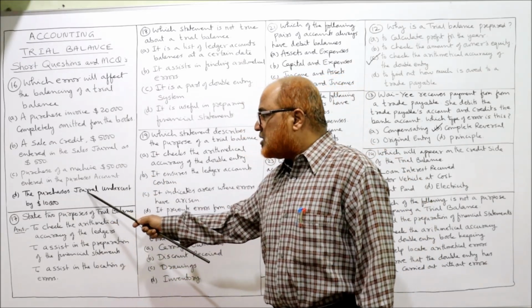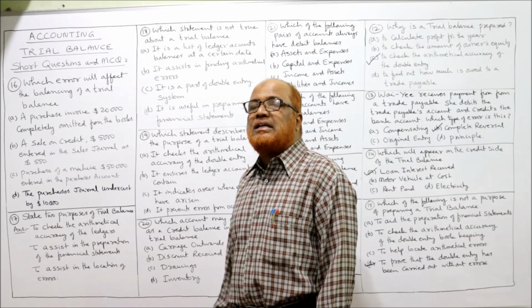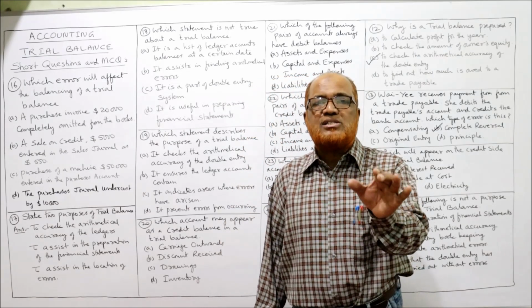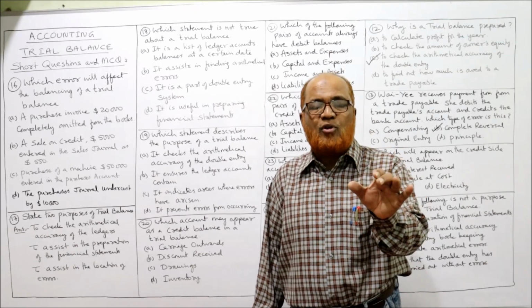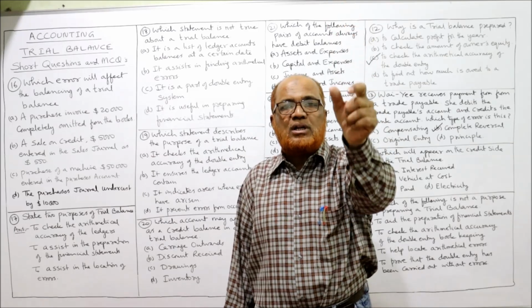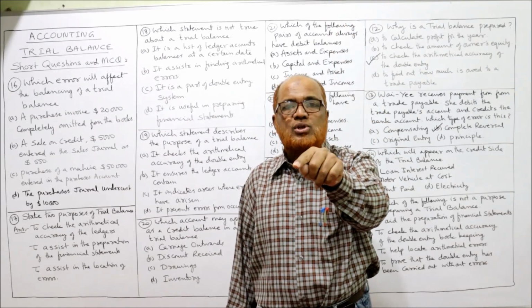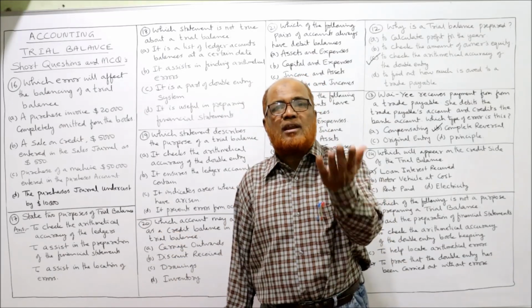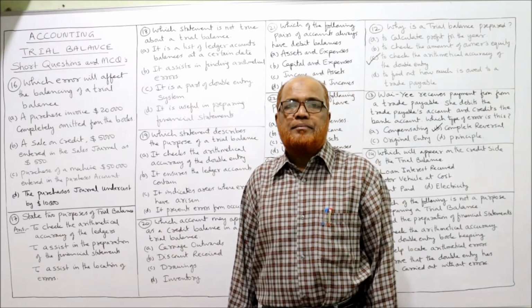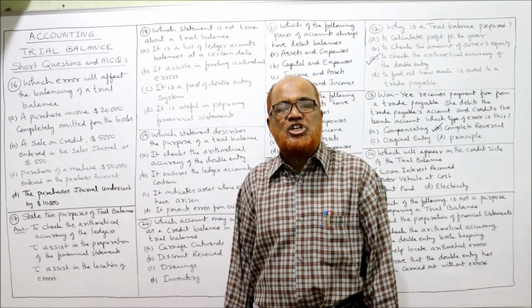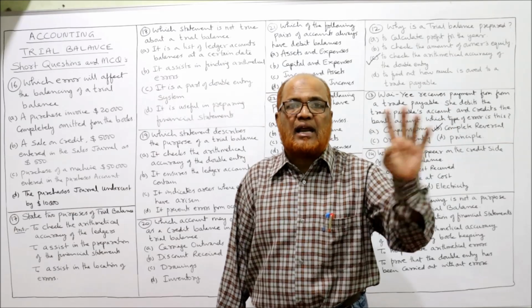Lastly, the purchase journal undercast by $10,000. Purchase journal means purchase day book, the book of original entry. In the purchase day book, the total was taken 10,000 short. Undercast means recorded less. Now, on account of this undercasting of purchase day book, it will affect the trial balance.